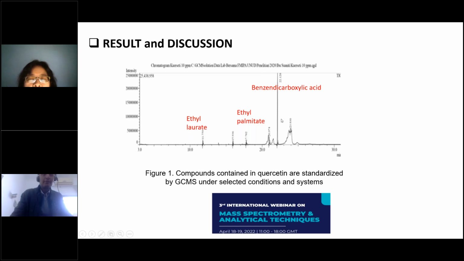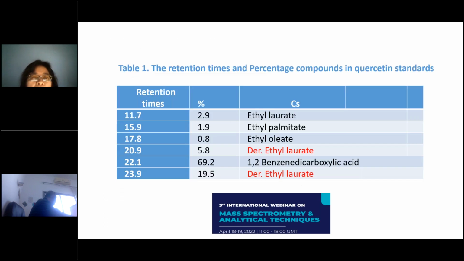in high concentration, and other compounds. We can show in table 1 the retention time of the quercetin standard. We meet some compounds.